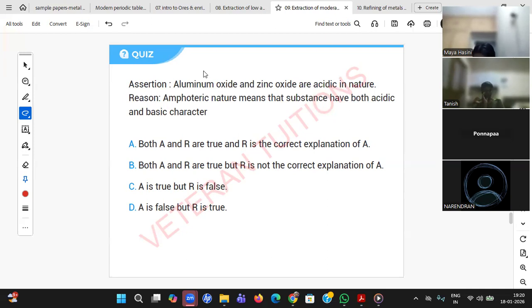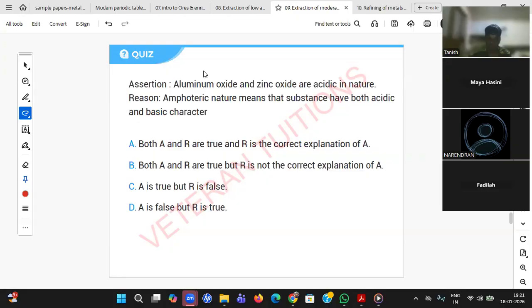Narendran, Tanish, Aparna, Fadila. Narendran and Fadila seem to be right. Ponnappa, no. Rujuta, no. Tanish, right now. Harshini, absolutely right. Appu, no. Ananya, right.